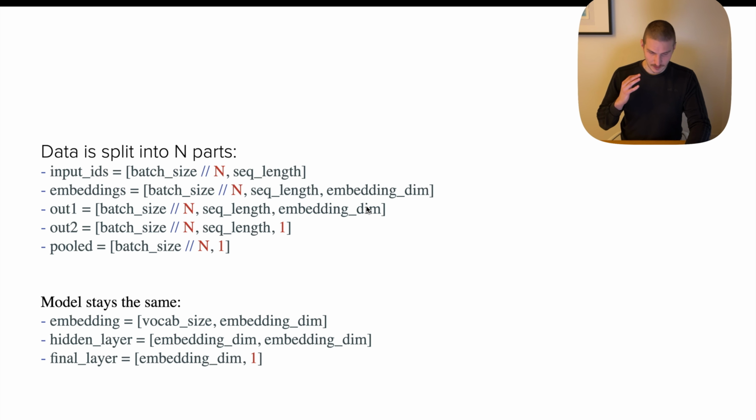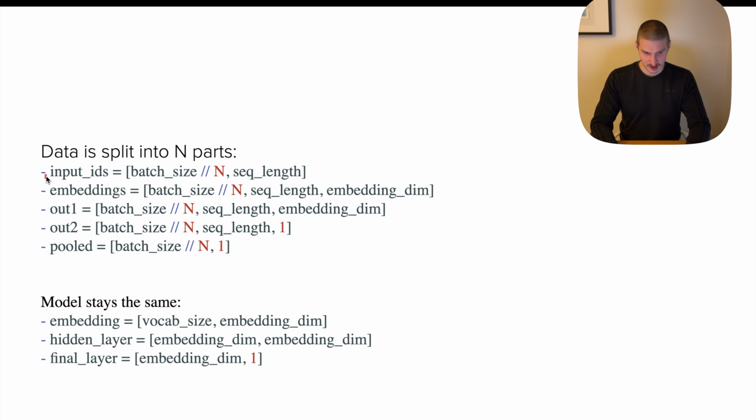So what is data parallel? Data parallel basically means that we take input data and then split that into n parts and give just a small part to every device, every executor that we have. What that means with respect to tensor shapes is that batch size gets divided by n, and every tensor that had batch size in its dimensions gets split into n parts.